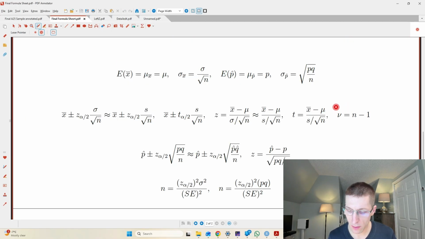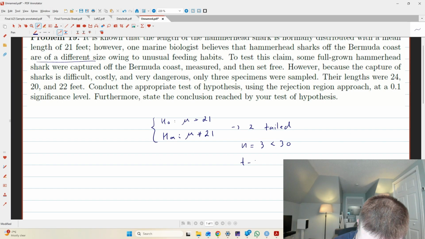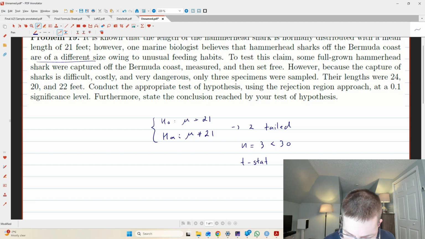If we look here, our t-statistic is x bar minus mu over s over root n, and the degrees of freedom associated with that are n minus 1. Let me write that down. I should also say that we are in the one case where we can use the t-statistic.